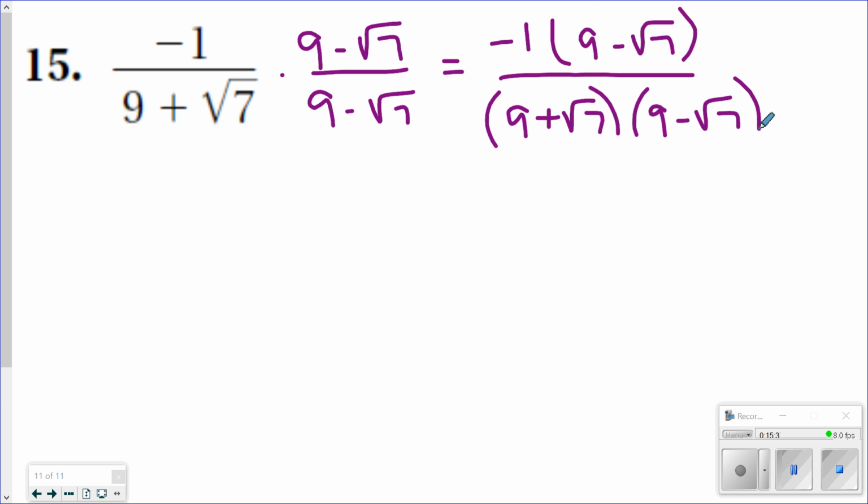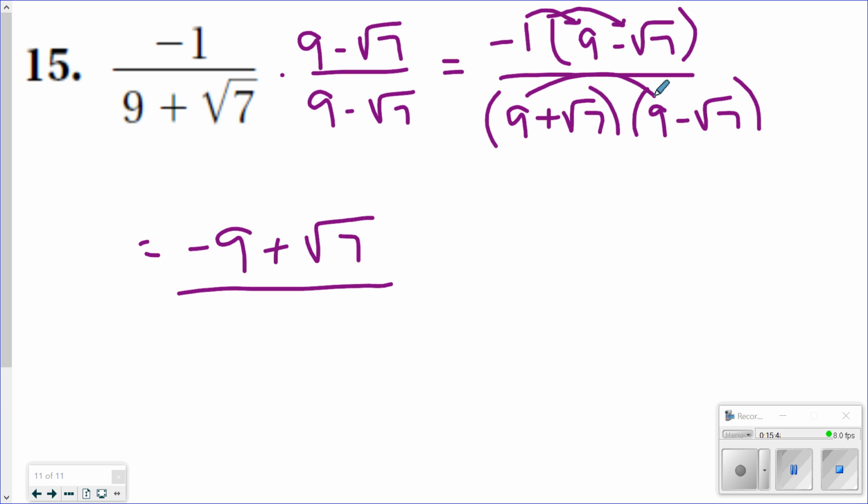All right, distribute that -1 inside the parentheses. That then gives me -9 plus the square root of 7. I need to FOIL the denominator, so 9 times 9, I get 81, minus 9 square root of 7. Square root of 7 times 9, I have to have positive because they need to cancel out.